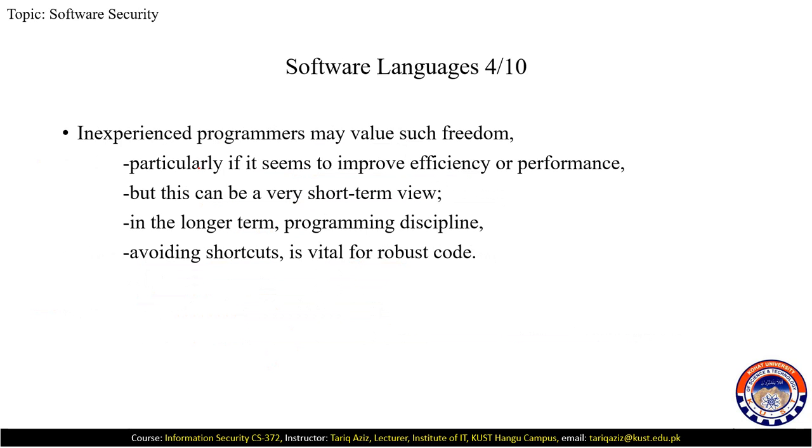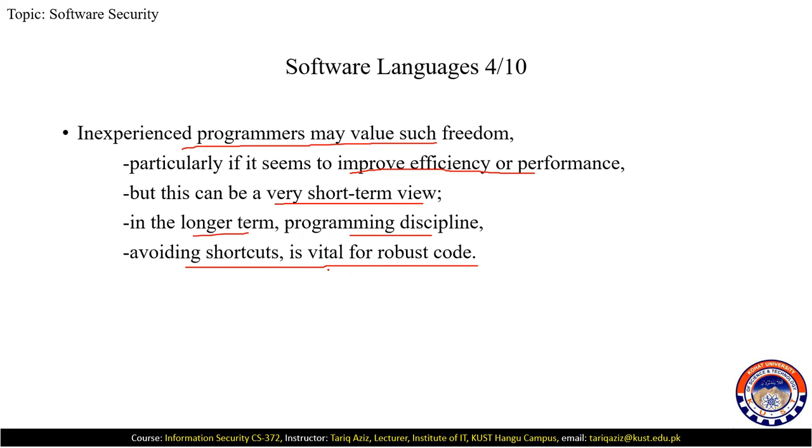Now, it says that inexperienced programmers may value such freedom. It's good for them. Why? Because particularly they will improve efficiency or performance. But the problem is that this is a very short-term view, and in the long term, programming discipline, avoiding shortcuts, is vital for robust code.